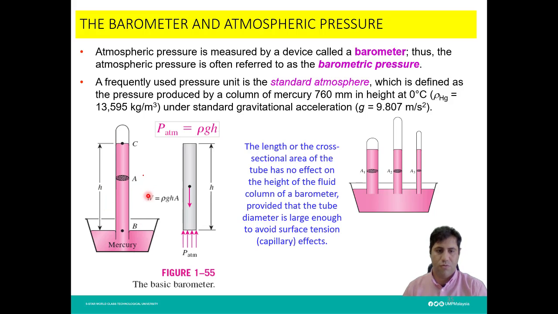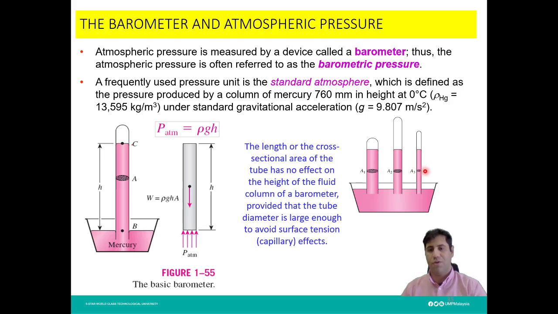This is the method. You can see here an open pan, and here we have a cylinder, and because of the pressure on this surface, the mercury will go up through this tube. When it reaches 760 millimeter, we call that standard pressure, and it is independent of the diameter of the tube.